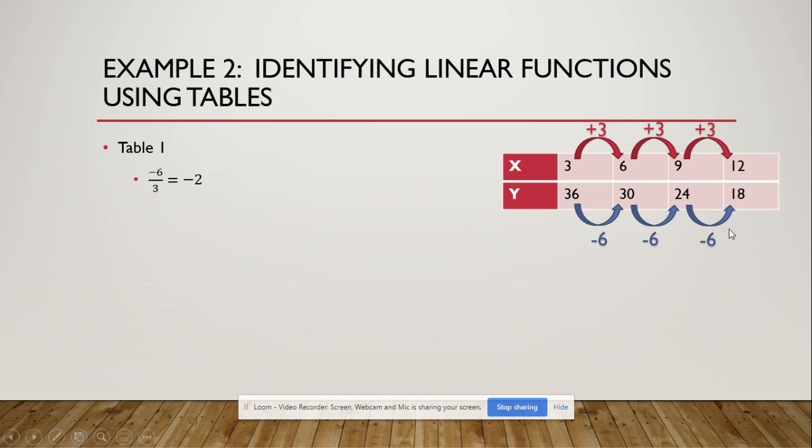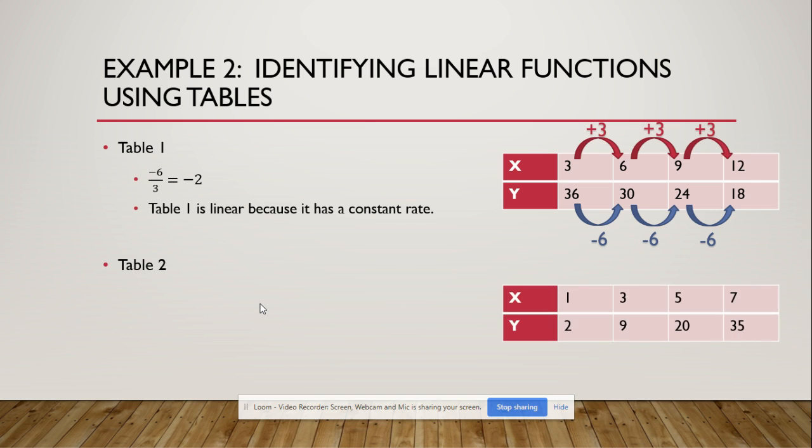So even if your numbers change, these numbers that I have in blue and red, that's still okay. What's important is the fraction, that the fraction always remain the same. In this case, it did. So table 1 is linear because it has a constant rate. All right, table 2. We're going to check on the slope.